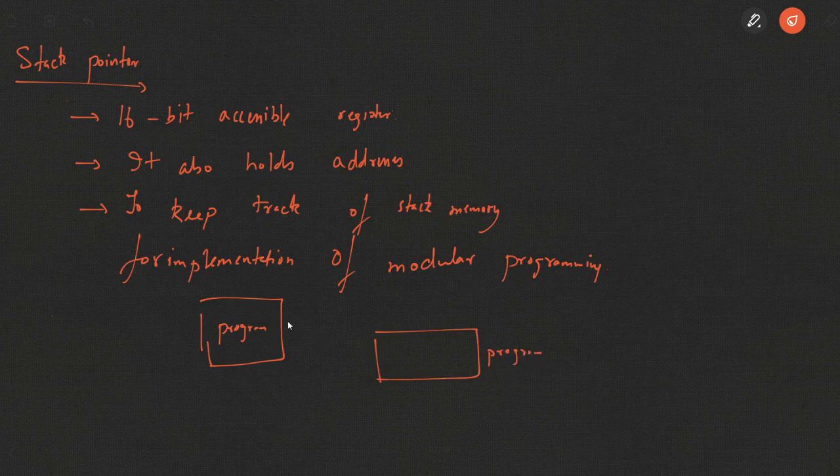So before this program can be executed, the location of the last known instruction being executed in this particular program needs to be stored, and that is stored by using various instructions in the microprocessor that we have, like push and pop.